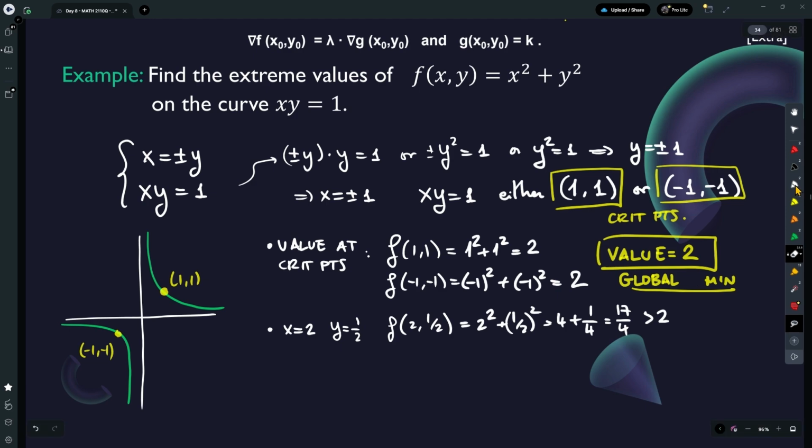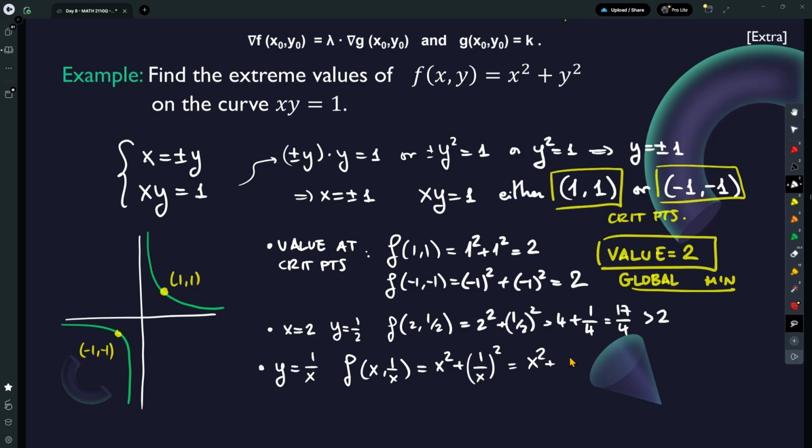The growth of the function, just as it goes in these directions to infinity, those values actually just grow to infinity. Let's see that. So if I actually solve for y, y has to be 1 over x on that graph, and then f of x, 1 over x would be x squared plus 1 over x squared.